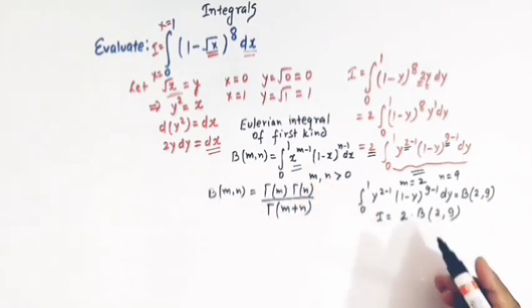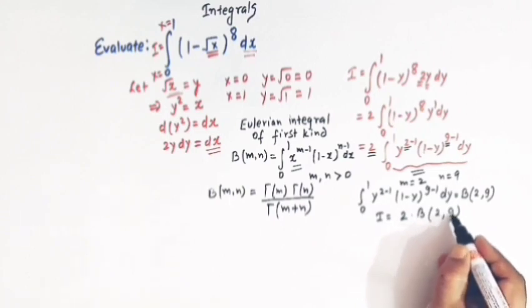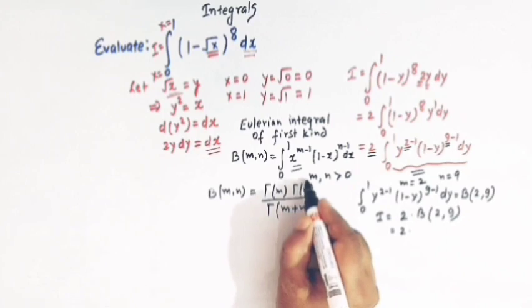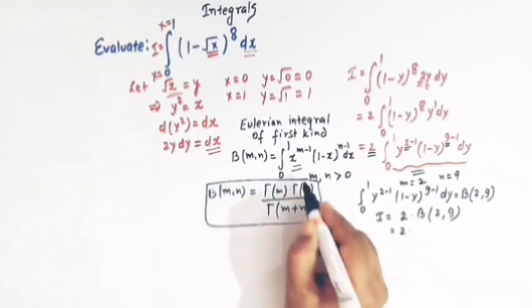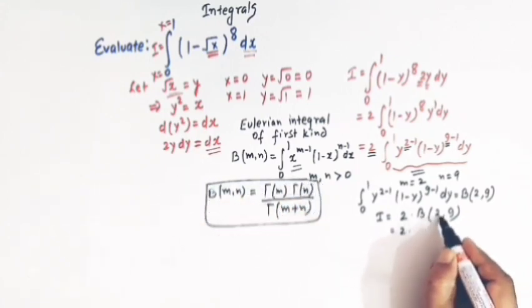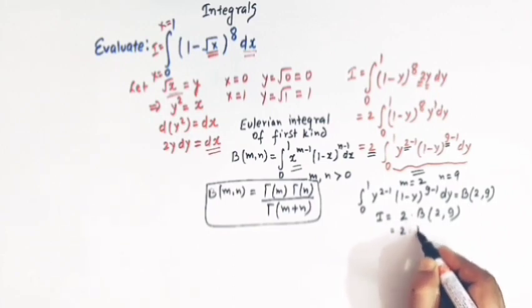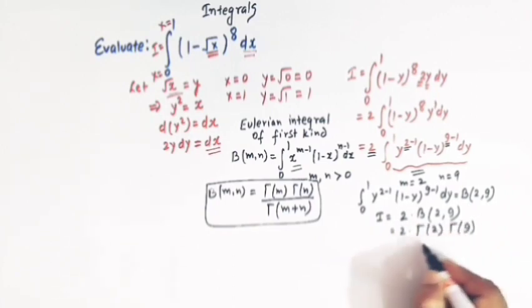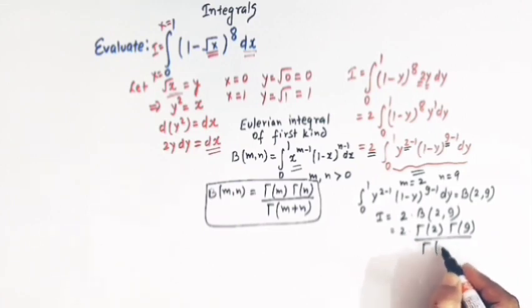So here we have m is equal to 2 and n is equal to 9. So using this relation, we can write beta 2 comma 9 as gamma of 2, gamma of 9, and then we have gamma of 2 plus 9.